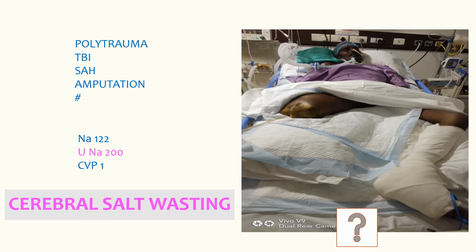So these patients actually lose a lot of salt and water in the kidneys because of not very clear etiology, possibly due to natriuretic peptides, which lead to loss of saline like fluid and salt in the kidneys.